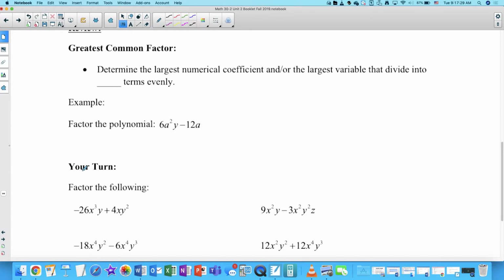So in this course, the only factoring that is expected is 2 types. Taking out a greatest common factor and factoring a difference of squares, and that's it. So all that stuff around trinomials of the form ax squared plus bx plus c, you will not see questions like that in this course. Okay?